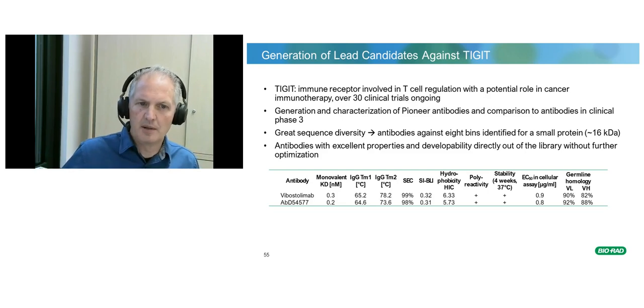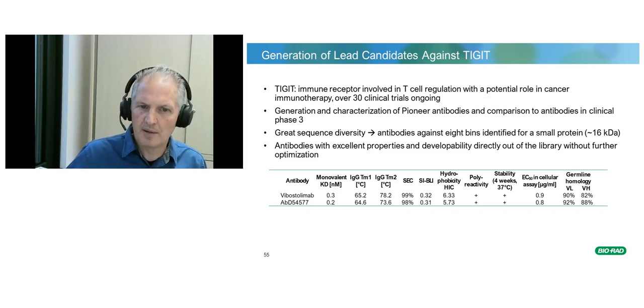Most antibodies had a good monodispersity and a low self-interaction propensity. All tested antibodies but one had a low hydrophobicity, passed the polyreactivity screening, and were stable for 4 weeks at 37 degrees in the stability test.